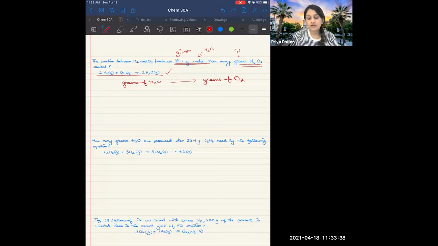A hint I can give you is you can't go from grams to grams. You're going to have to convert grams to moles, then do the mole conversion from the balanced equation, and then convert the moles to grams again.